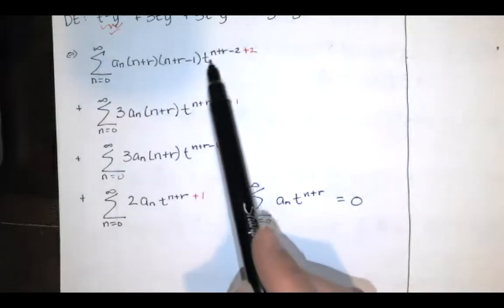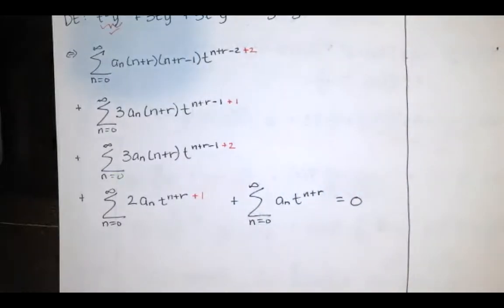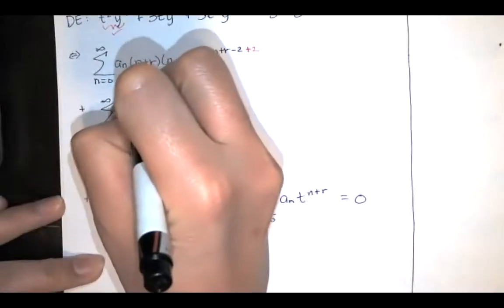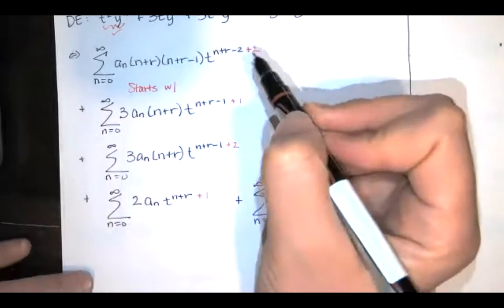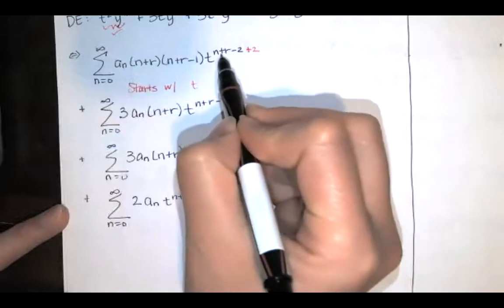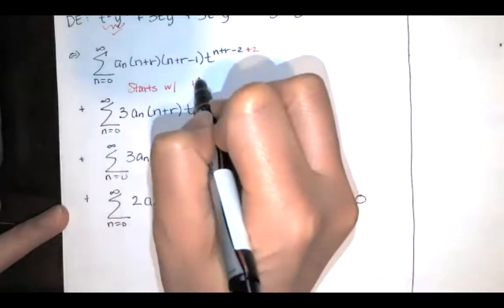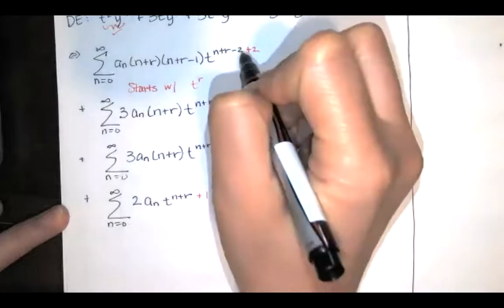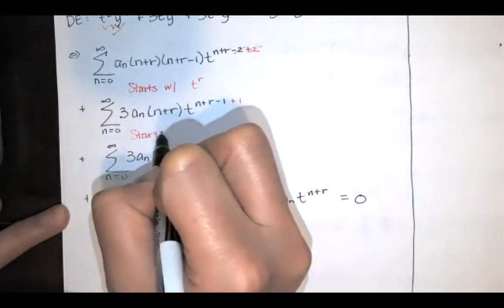So when n equals 0, this one starts with t to the n plus r, but n is 0, so that'll be t to the r. The 2 and the negative 2 reduce. Now when n equals 0 here, the 1 and the negative 1 reduce. So this will also start with a t to the r.